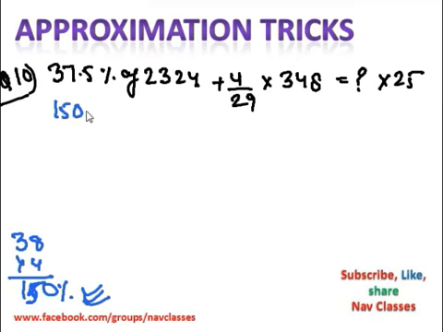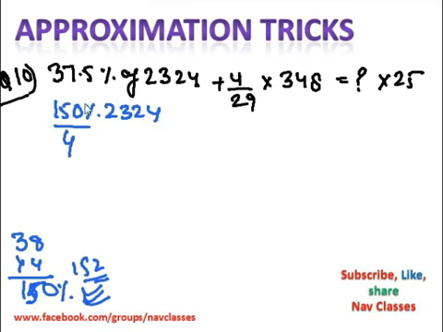But remember, here we are multiplying with 4, so we definitely have to divide it by 4. Okay, there are two options to solve this. So let's see the first option. Firstly, we can take out 150% of 2324 and then divide it by 4. Let's see, the answer comes in either case.